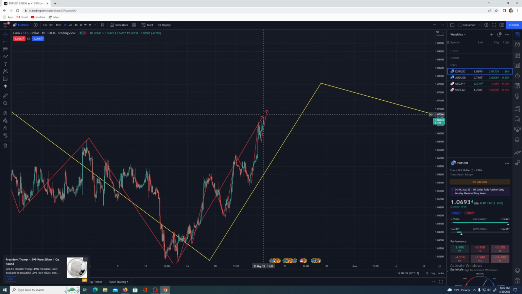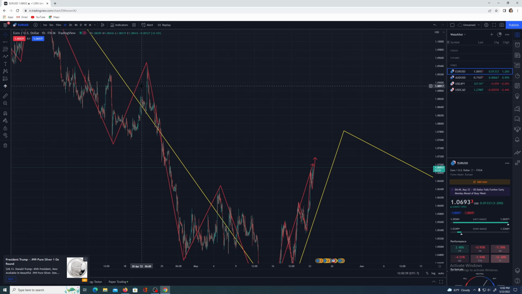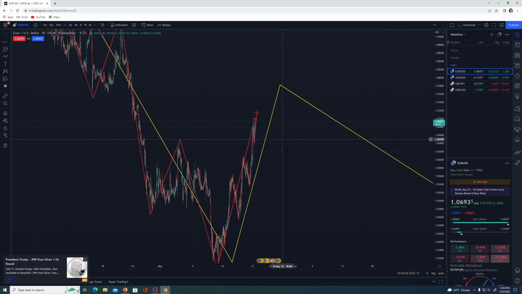Once the 1-hour breaks structure, now I know that there is a daily bearish bias, a 4-hour bearish bias, and a 1-hour bearish bias.